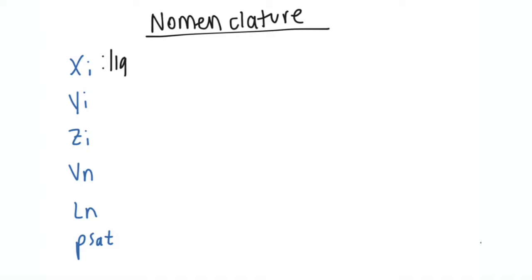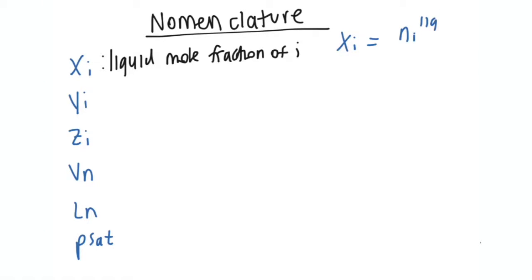So that's defined as x_i equal to n_i liquid over n liquid. So for X subscript i, we're only looking at the liquid part of the system.